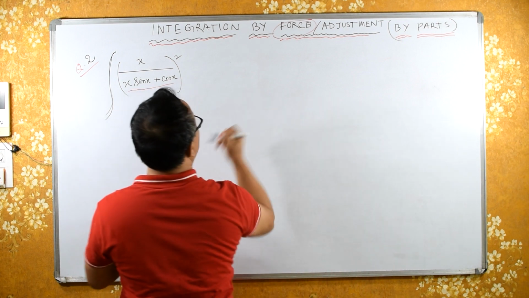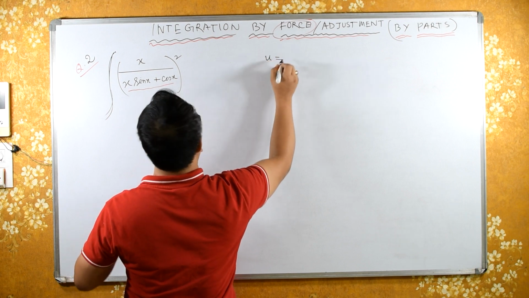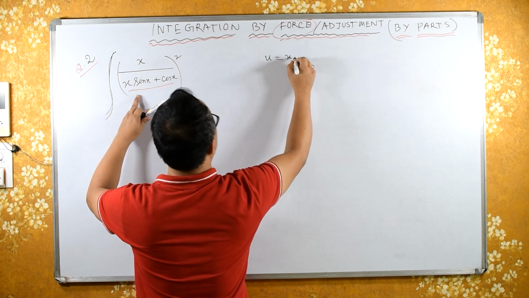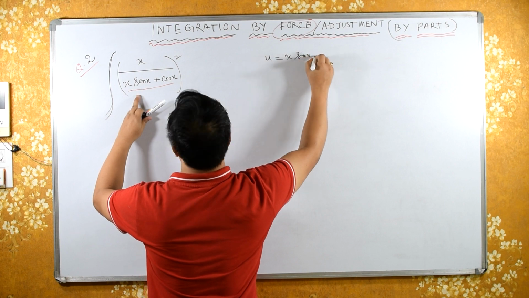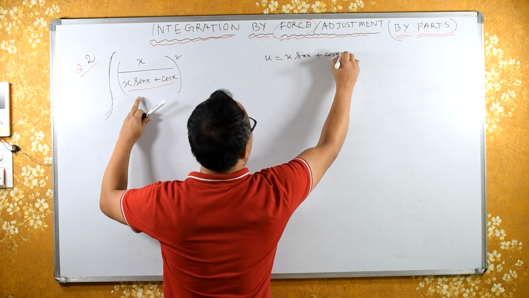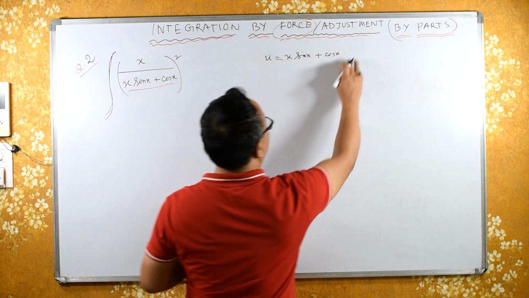Now if I substitute u equals x sin x plus cos x, let's see what the differentiation is.